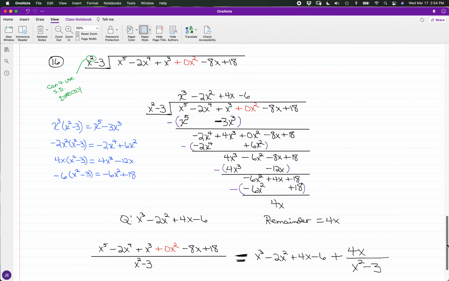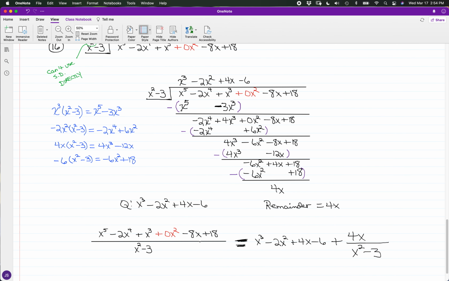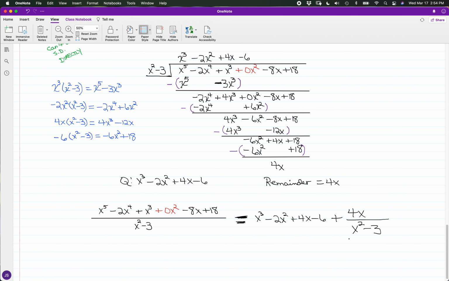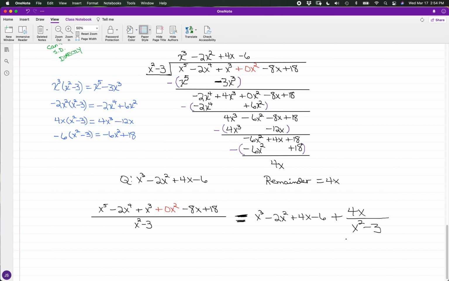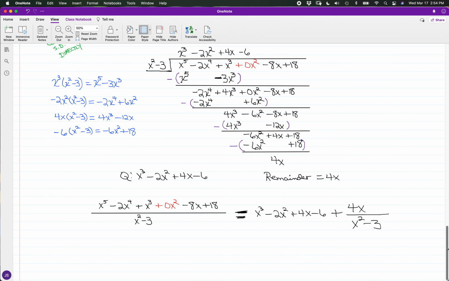And again, this is going to be the expanded notation of what we have here. So x to the fifth minus 2x to the fourth plus x cubed minus 8x plus 18 over x squared minus 3 is equal to, again, this quotient plus this remainder over the divisor. All right. Now, for the subsequent items, we're at liberty to use synthetic division exclusively.